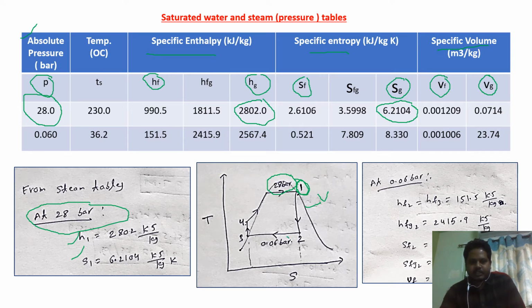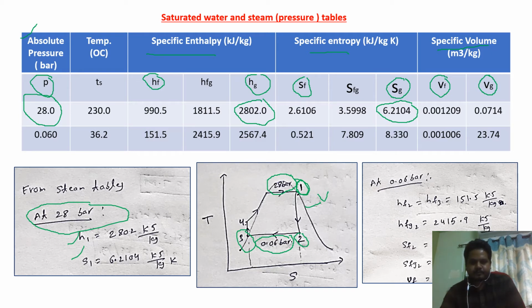The other pressure is 0.06 bar. Here this pressure is for the process 2 to 3. Why? Because 2 to 3 is the heat rejection process in the condenser at constant pressure. So the pressure P2 equals P3, and also the enthalpies will be the same: hf2 equals hf3.